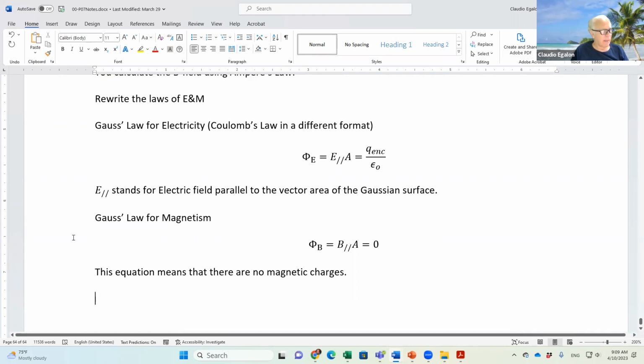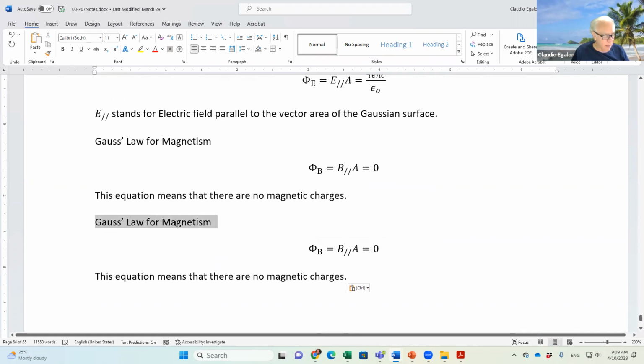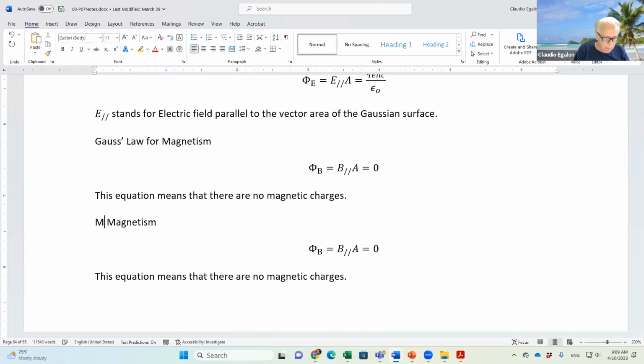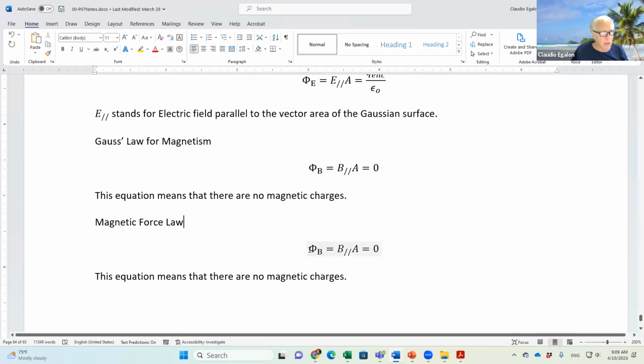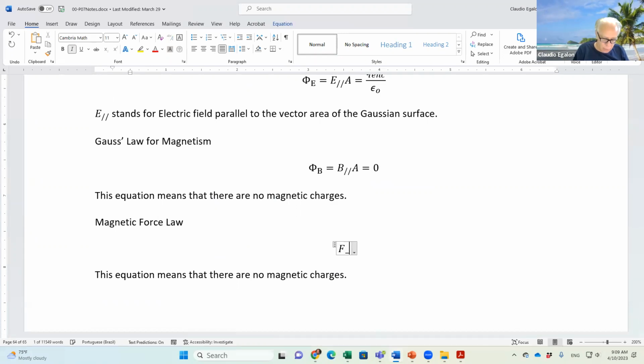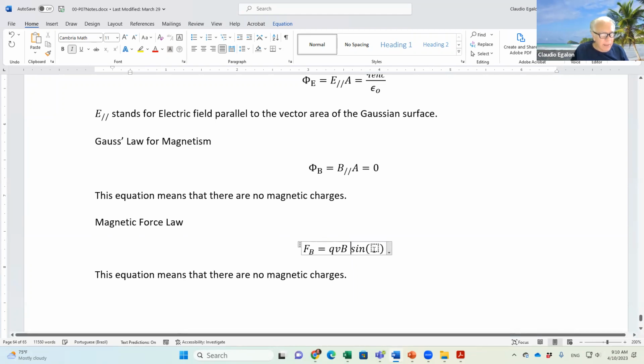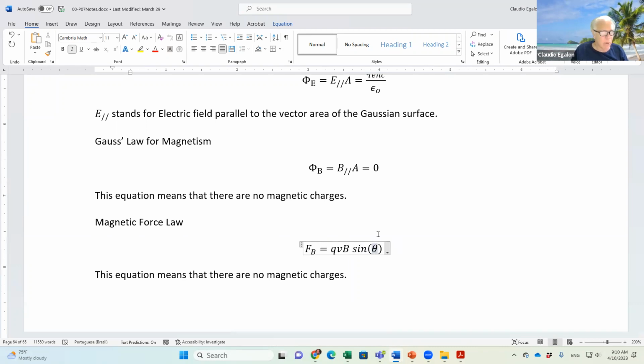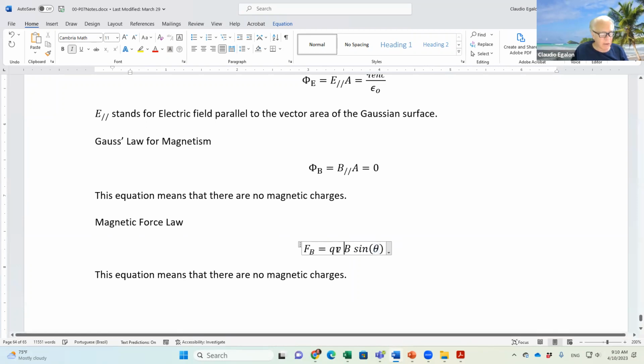And then we have the magnetic force law or Lorentz law. Magnetic force law, which is Q v B sine of theta, where theta is the angle between the velocity vector of the electric charge and the magnetic field.